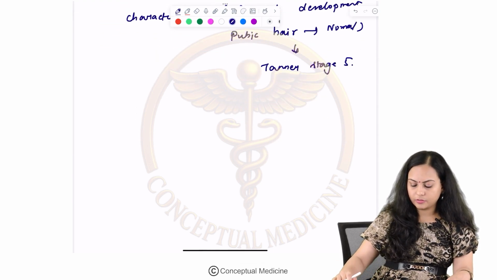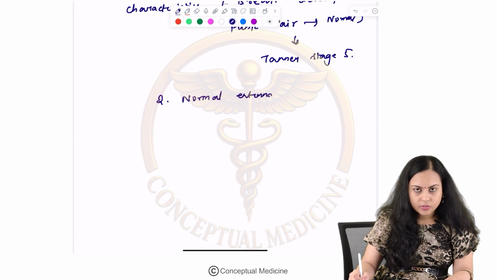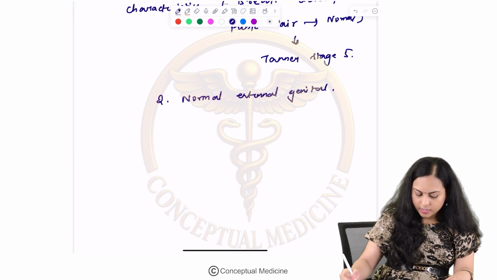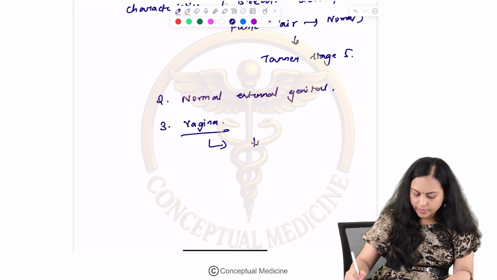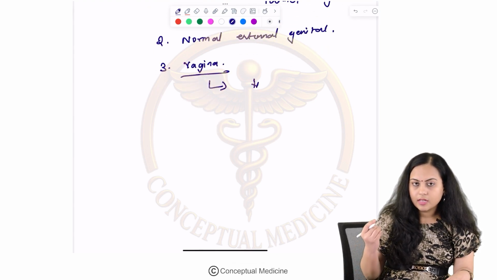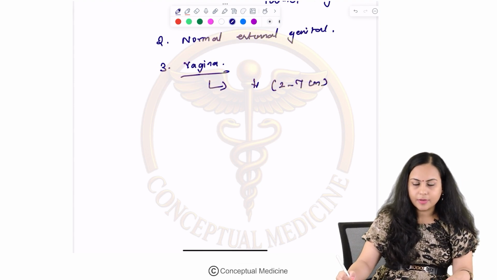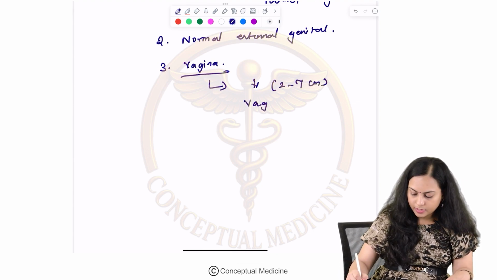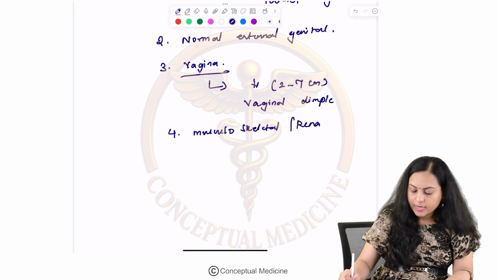Then external genitalia is also normal, and when we see the vagina, this alone is reduced to more or less like a dimple, around a 2 to 7 centimeter depth it can be, or simply a vaginal dimple can be present, and they will definitely have musculoskeletal or renal anomalies associated.